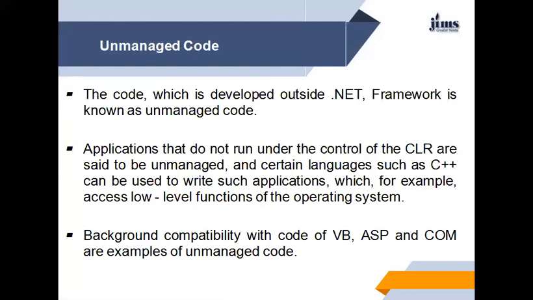Applications that do not run under the control of the CLR are said to be unmanaged, and certain languages such as C++ can be used to write such applications, which, for example, access low-level functions of the operating system. Backward compatibility with code of VB, ASP, and COM are examples of unmanaged code.